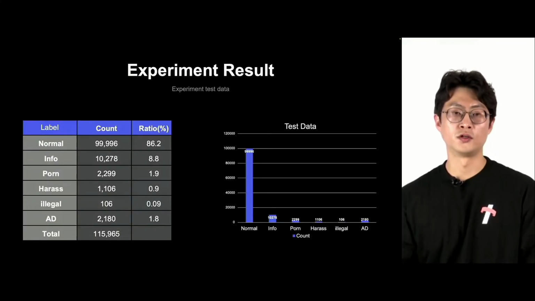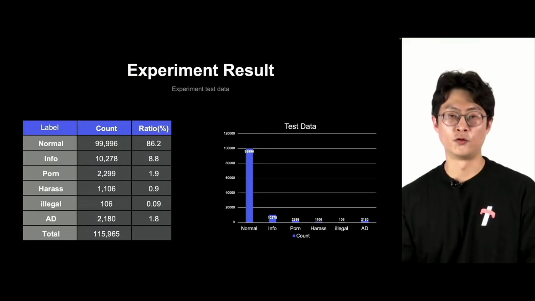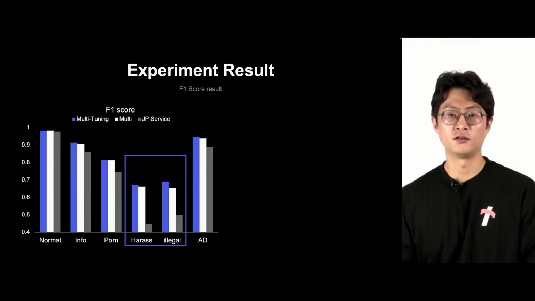About 110,000 experiment data were used, and the data label distribution is skewed, as you can see from the graph, and that is the exact domain distribution of real data. Usually the normal data label number is much larger than the non-normal data. And we see that the label count is smaller for harassment and illegal.